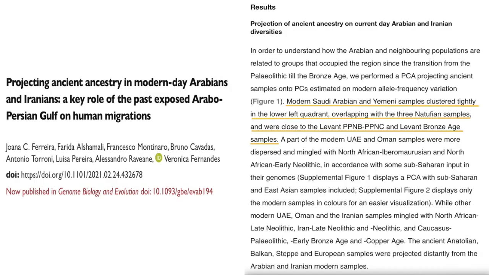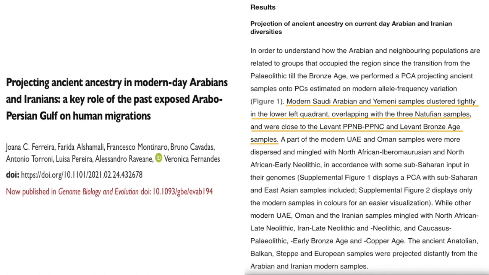This is from projecting ancient ancestry in modern-day Arabians and Iranians, a key role of the past exposed Arabo-Persian Gulf on human populations, and it reads, modern Saudi Arabian and Yemeni samples clustered tightly in the lower left quadrant, overlapping with the 3 Natufian samples, and were close to the Levant Pre-Pottery Neolithic B and Pre-Pottery Neolithic C and Levant Bronze Age samples.